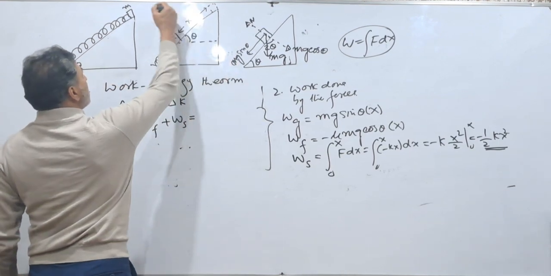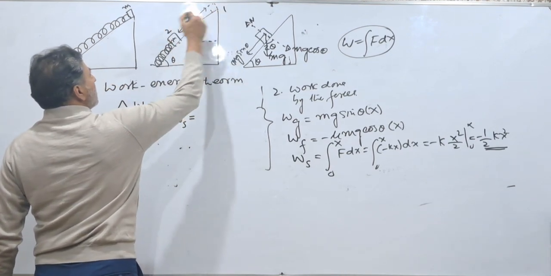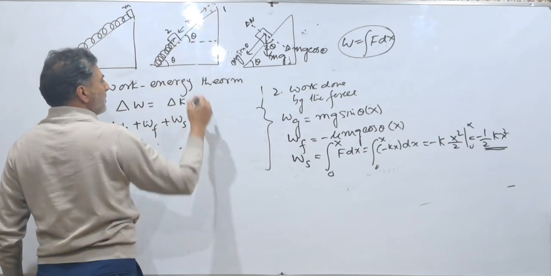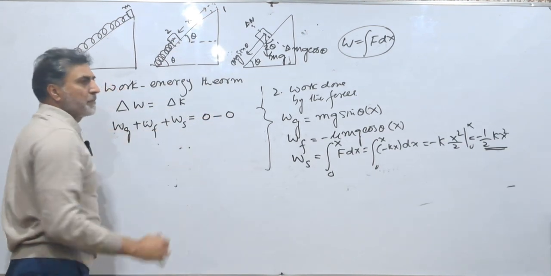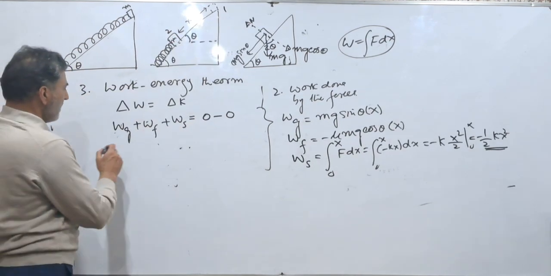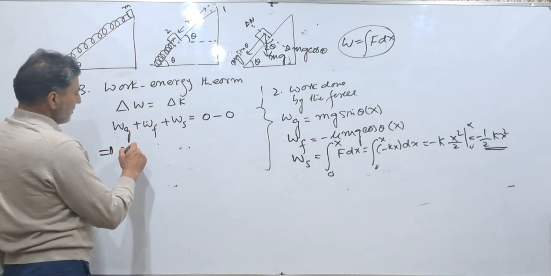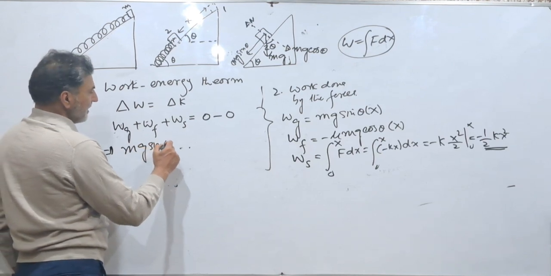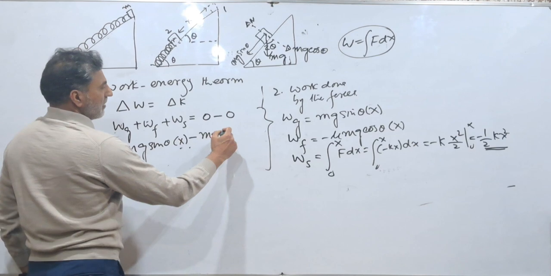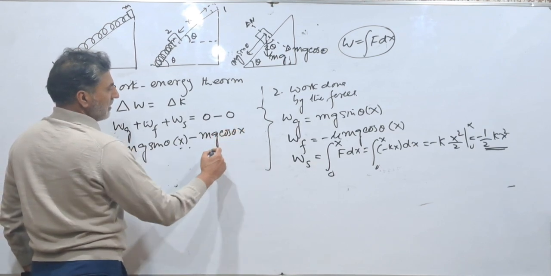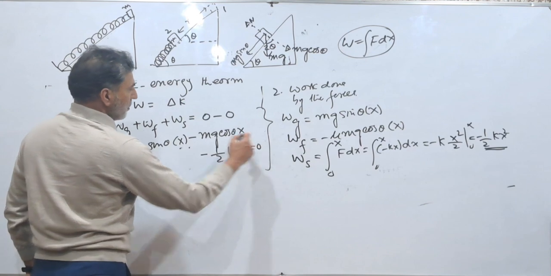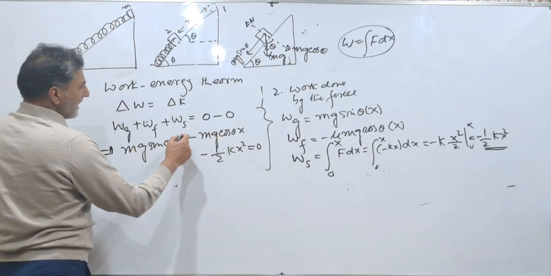What is the kinetic energy at position 1 and at position 2? Finally it stops, initially it was at rest, so 0 minus 0. That is mg sin theta into x, minus mu mg cos theta into x, minus 1 by 2 k x squared, is equal to 0. So x cancels.